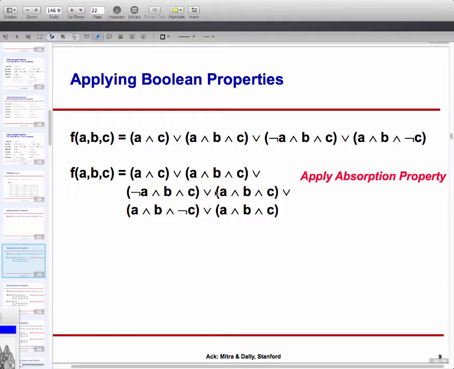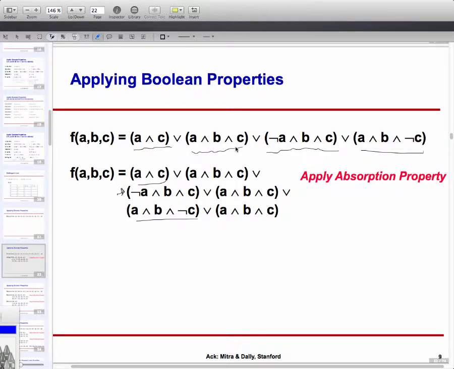This term is the same as the term out here. This term is this term out here, and this term, a and b and not c, is this term out here. And so the first thing we are doing is basically replicating the second term 3 times.